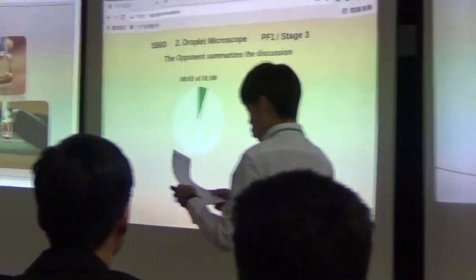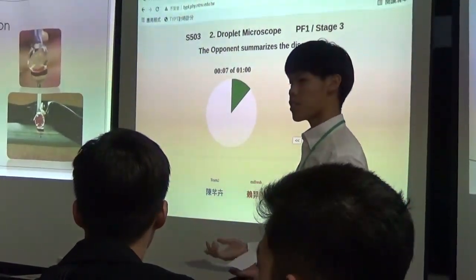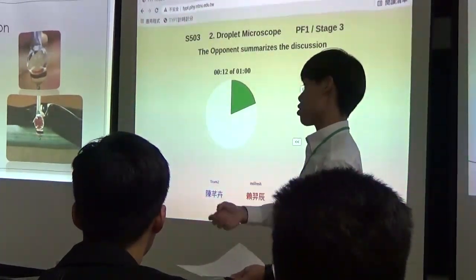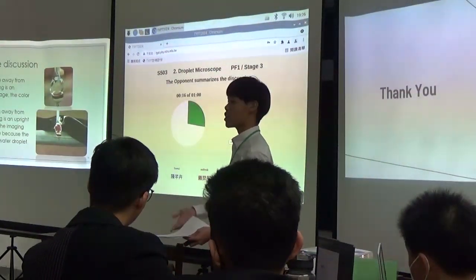Okay, so we discussed the definition of the droplet shape, and their answer is that for their two experiments, one is defined as a sphere shape, and the other one is unclear.